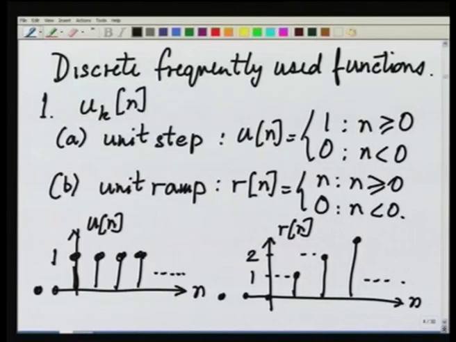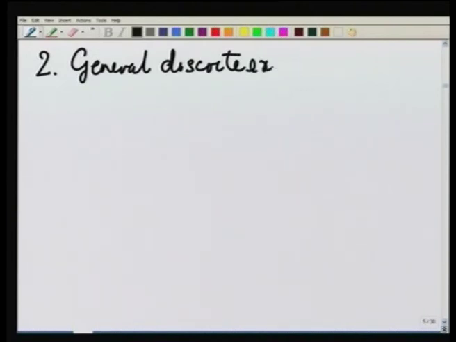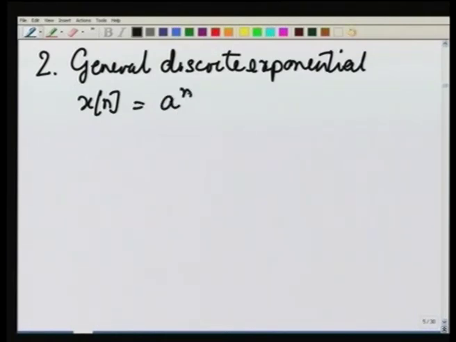Going to the exponentials next. The general discrete exponential is denoted by x of n equal to a to the power n, where a is generally complex.